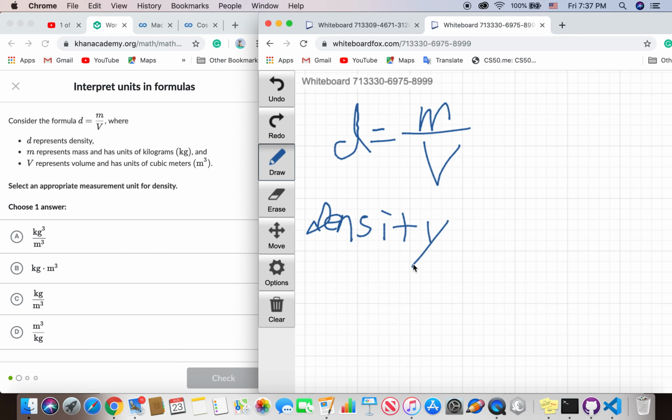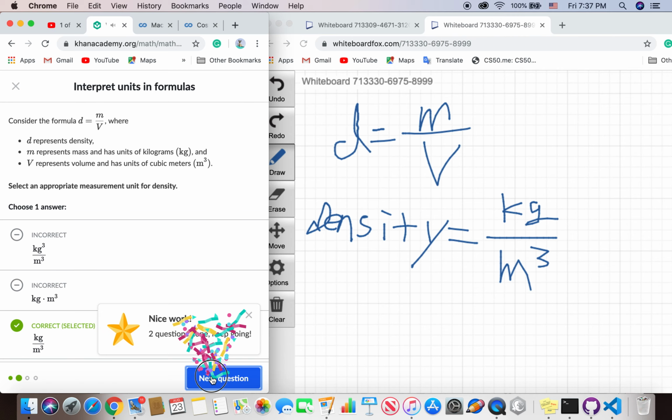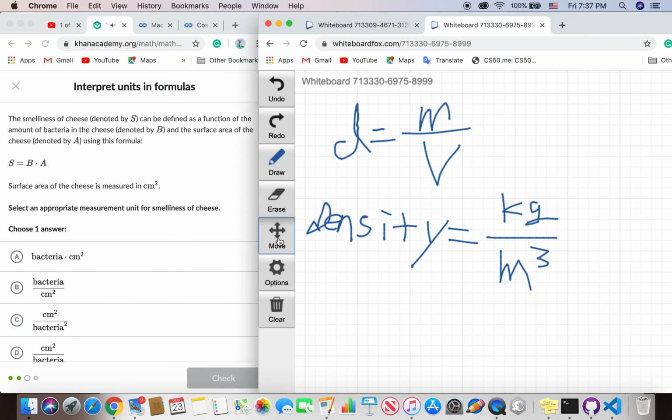M means mass, and it's in kg. And V means volume and has cubic meter. Okay, so let's take a look. This one is exactly the same, and I'm gonna choose this, which is correct. And then let's move on.